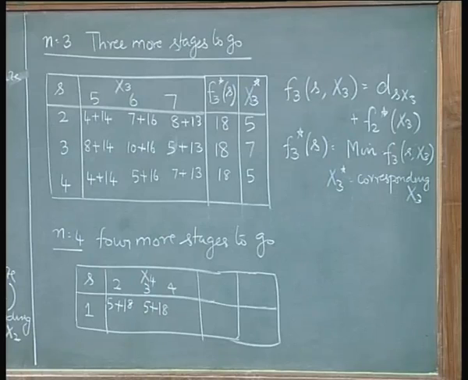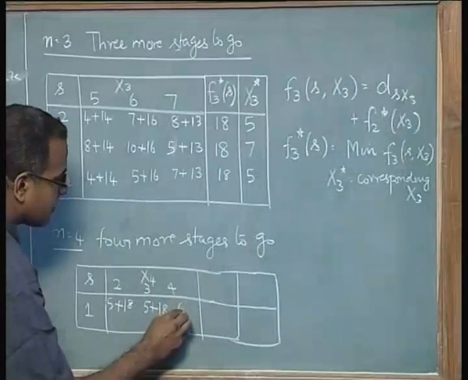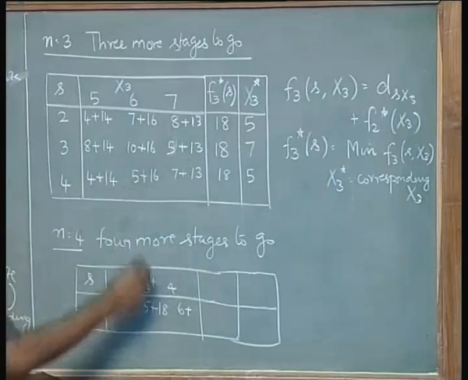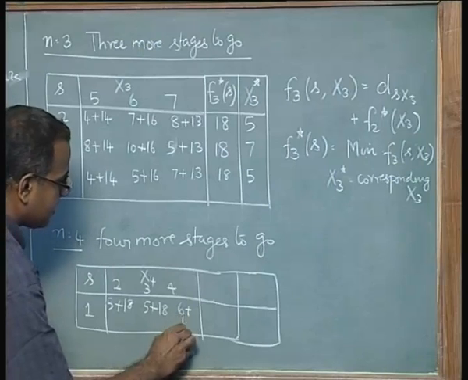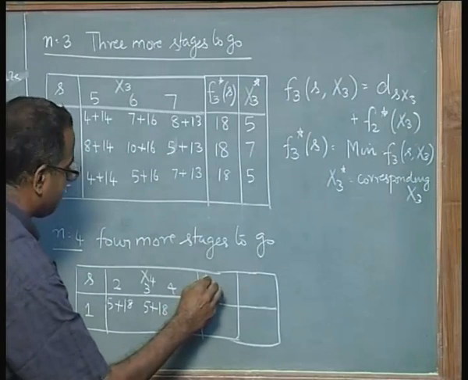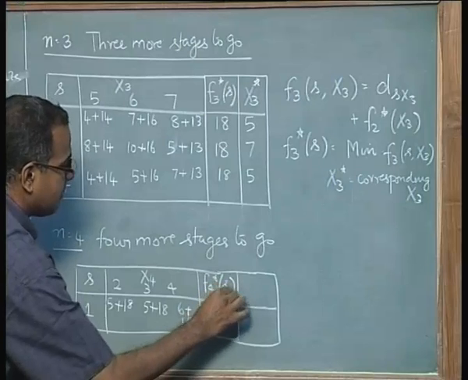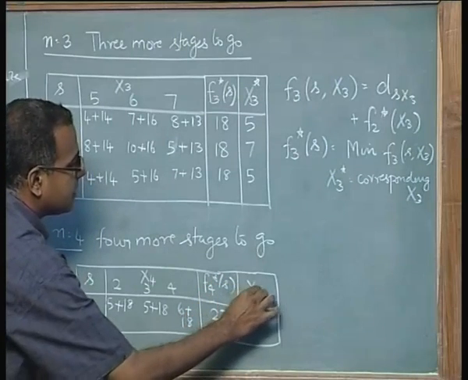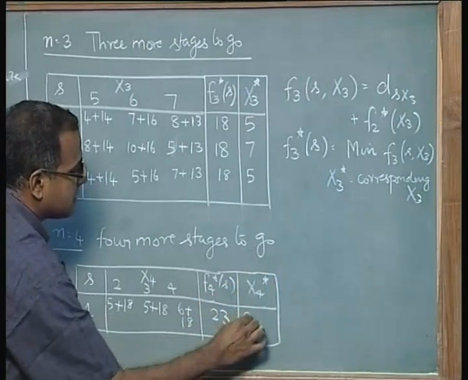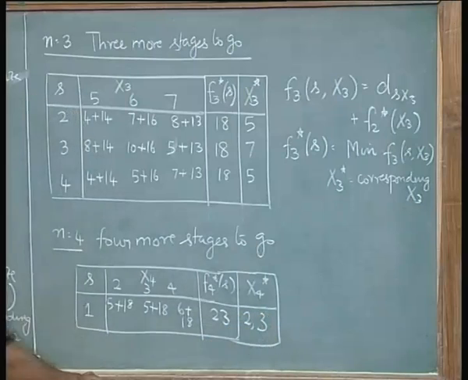Now 1 to 4 is 6 and 4 to destination is also 18. So F4 star of S is 23 and x4 star is 2 and 3.